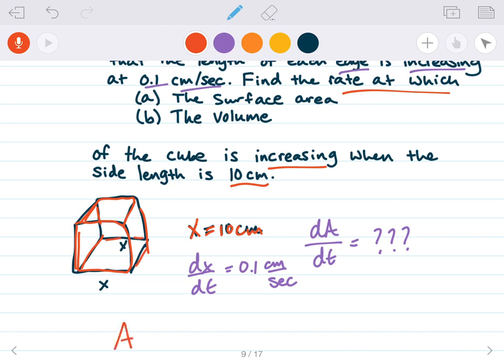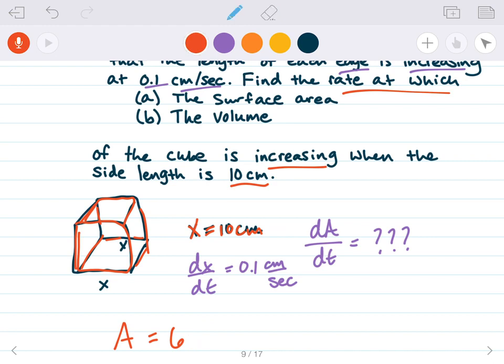Well, we have 6 of them, right? And what's the area of each face? Well, the area of each face is just going to be x times x, because the length and the height are both x. So x times x, length times width, if you like thinking about it like that. But at the end of the day, this is just going to give us 6x squared.